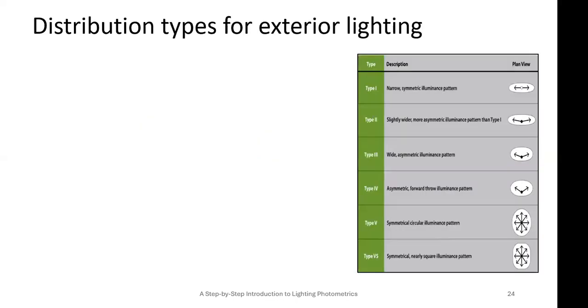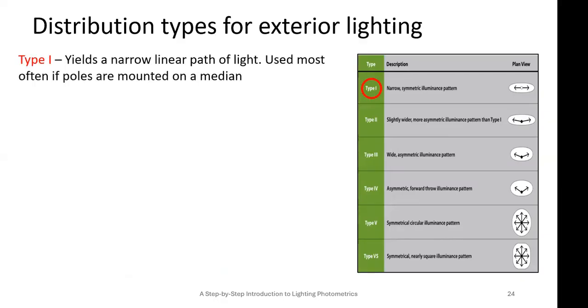Now let's move over to our distribution types for exterior lighting. This is like a parking lot. Okay, so the very first one is a type 1. We see this over in Europe, but really not in the US. It's very, very narrow. It was used and still used over there for trolley car tracks.